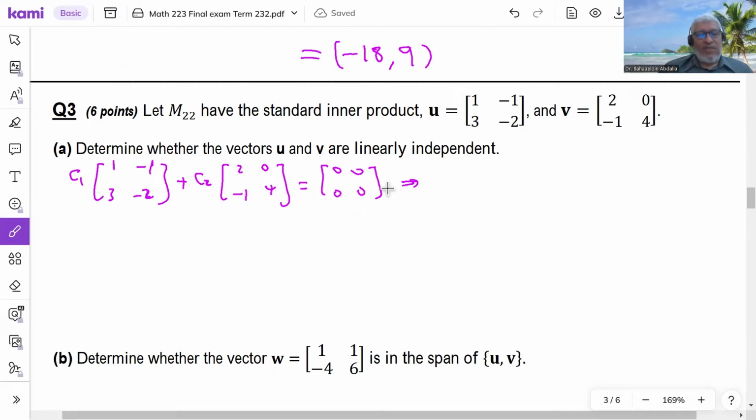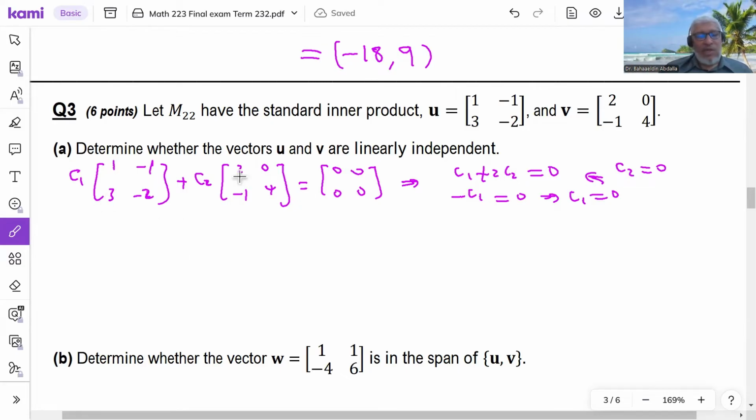So we will have a system here: c1 plus 2c2, this is the first component, equals 0. Negative c1 plus 0c2 equals 0. So from here, I know that c1 is 0. And from here, immediately, 2c2 would be 0, or c2 would be 0. So this implies that c1 and c2 are zeros.